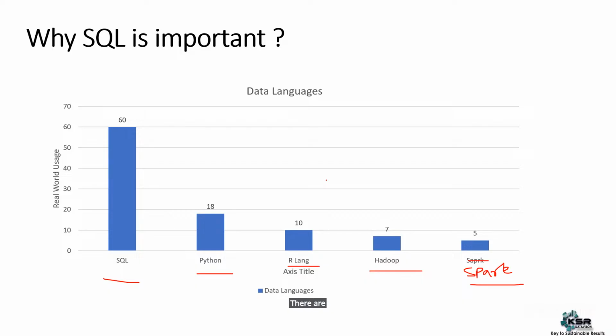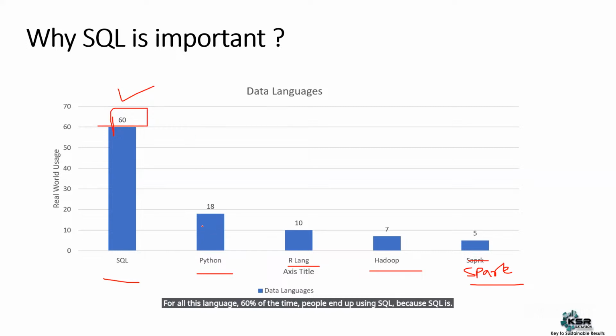Are there only 5 or 6 languages? No, there are many other programming languages which can be used to communicate with the database. But out of all these languages, 60% of the time people end up using SQL because SQL is easy, SQL is interactive, and SQL is fast as compared to any database programming language.